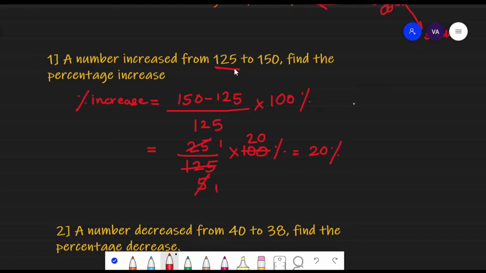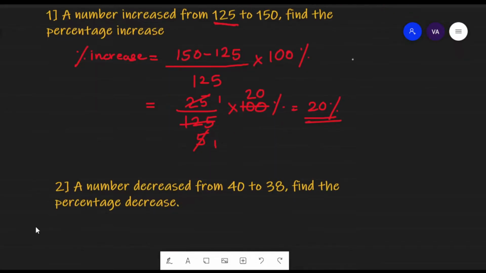So the actual increase was 25 per 125, but we need percentage increase, that is per 100. Per 100, the increase was 20, so it is known as 20%.